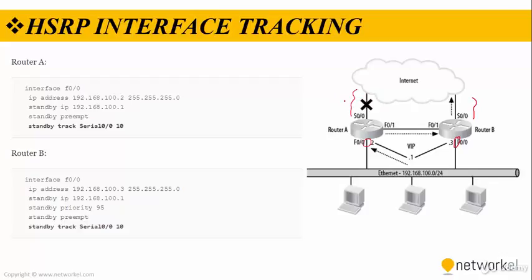If this interface fails, for example, if the serial 0/0 interface fails, HSRP is decrementing the priority value of router 1 and router B is becoming the active router, so I'm not having an interruption, so traffic is flowing in this direction.